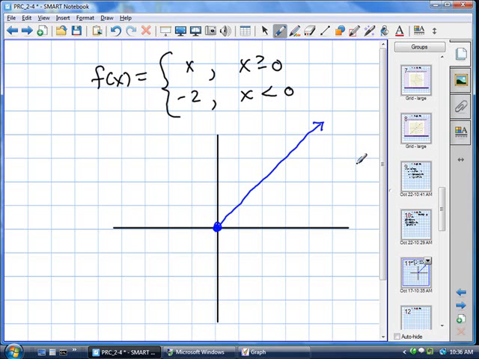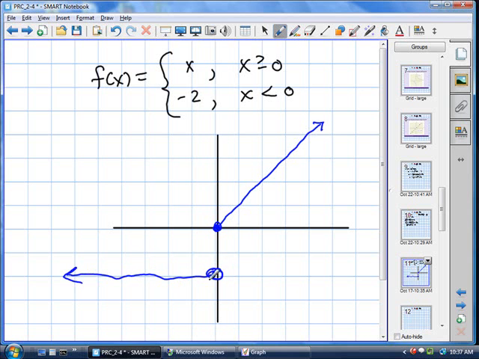That's the good old lazy man's function, but only from 0 to the right. But when you're to the left of 0, then you're stuck at negative 2. That's supposed to be a horizontal line.